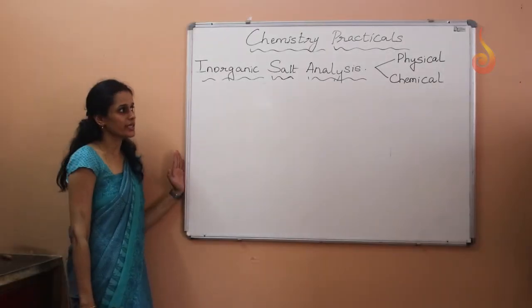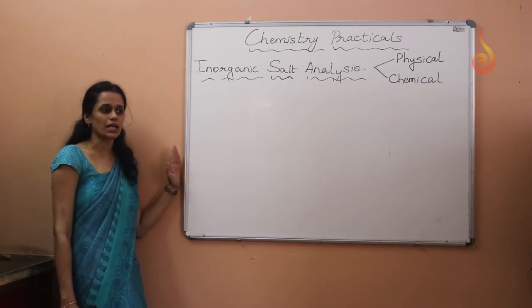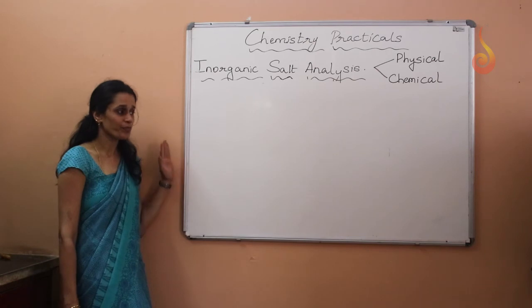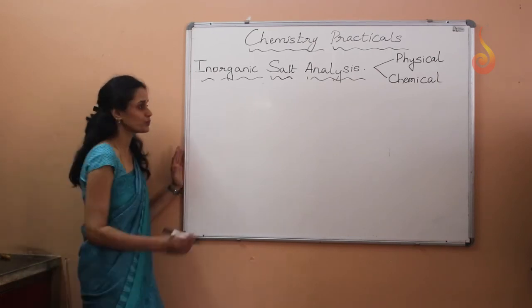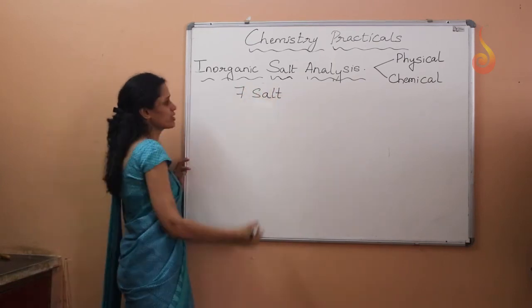So we studied how qualitative analysis is conducted in the lab for a particular inorganic salt. Now for the syllabus, how many salts are there? Totally we have seven different salts.